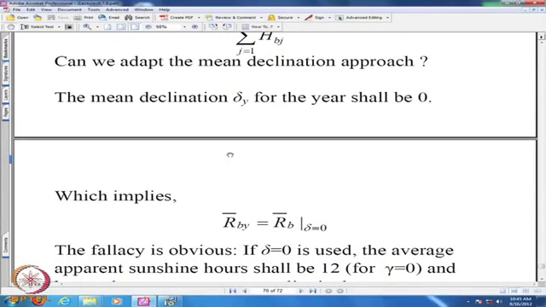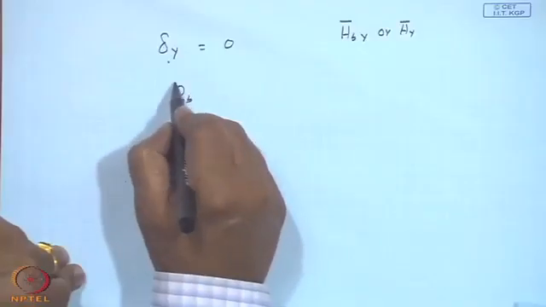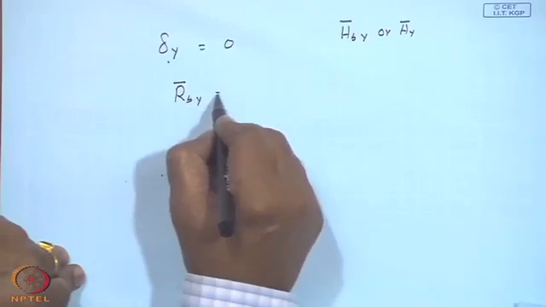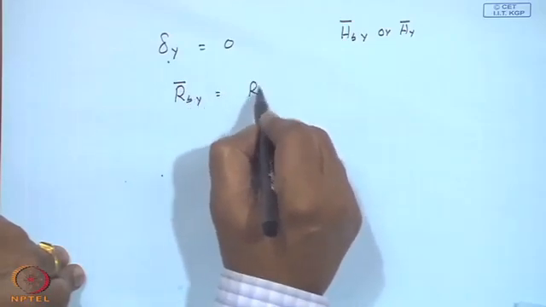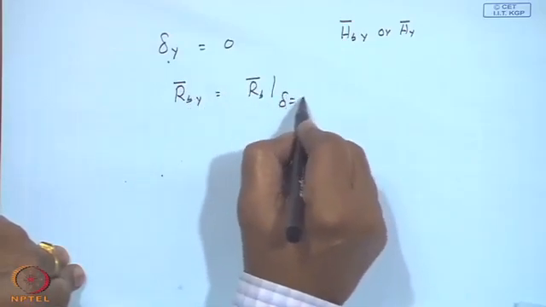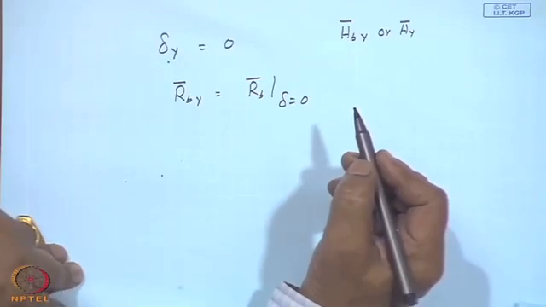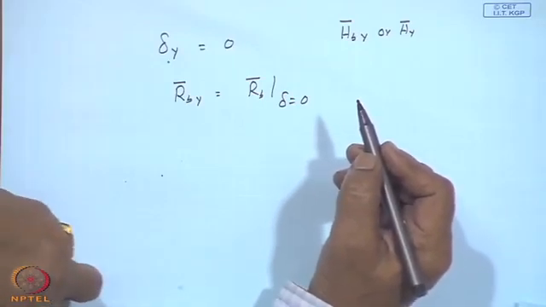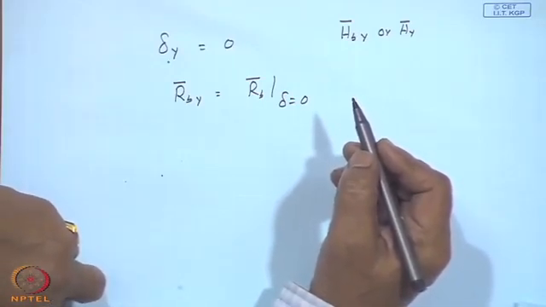So, this means I am trying to do this: as if it is a single day, I will calculate R b bar with delta equal to 0.